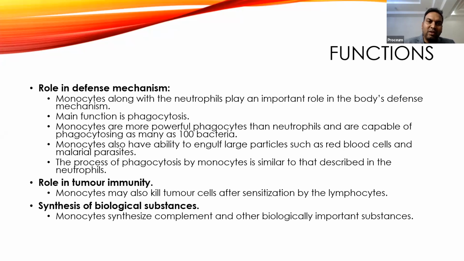Monocytes along with lymphocytes can also phagocytose tumor cells whenever the tumor cell shows any antigenic reaction. Apart from this, monocytes also release various inflammatory mediators and participate in inflammatory reactions.